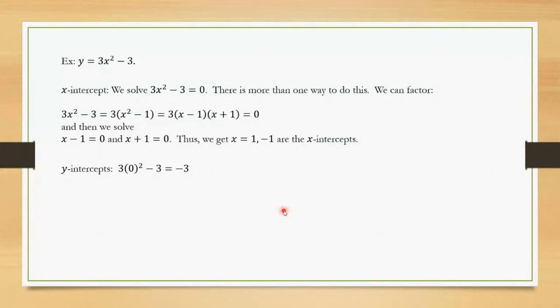Okay, what we have here now is this equation, y equals 3x squared minus 3. Now here, if we want the x and the y-intercept, well, for the x-intercept, we set y to be 0, right? That's what I'm doing here.